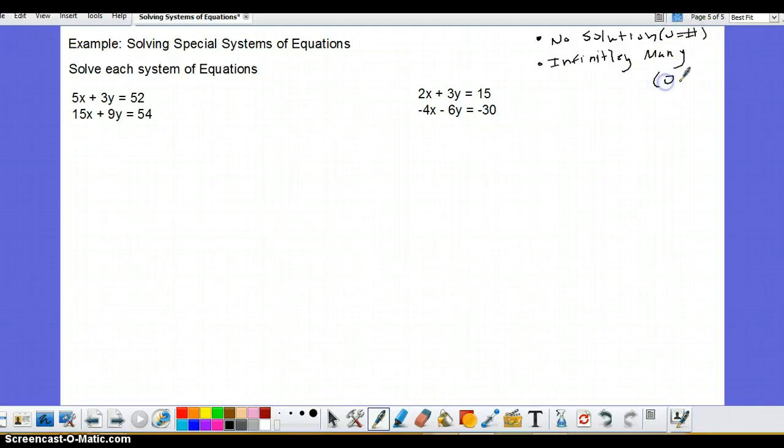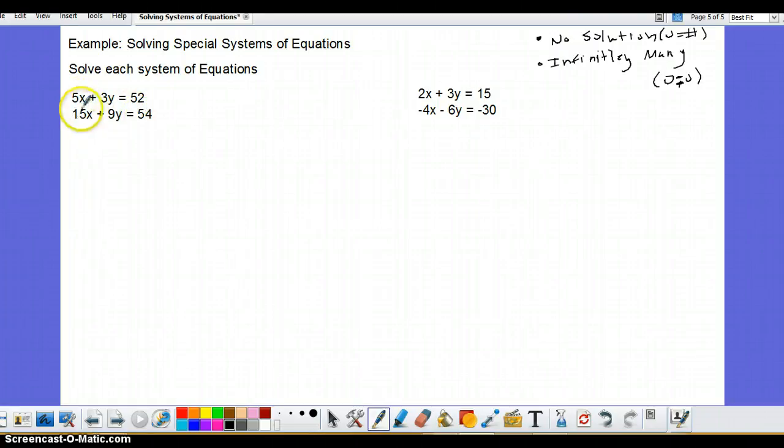Infinitely many means we have 0 equals 0. You can think of this as the two equations being the same. So we have 5x plus 3y equals 52 and 15x plus 9y equals 54.